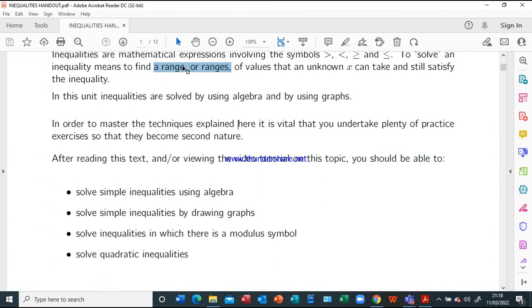You can have x plus 3 is greater than 4, for example. Now you will solve it in the same way you solve linear equations. The only difference is that now you don't have equal. In your mind you must have greater than if the symbol is greater than, or less than if the symbol is less than.